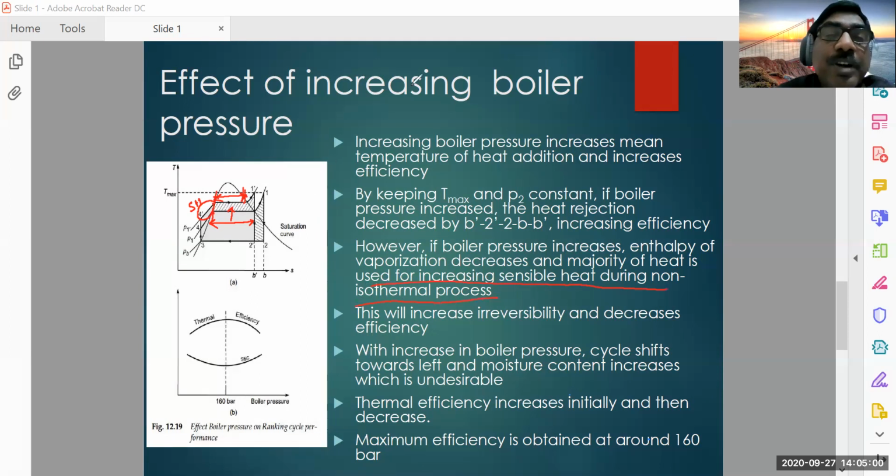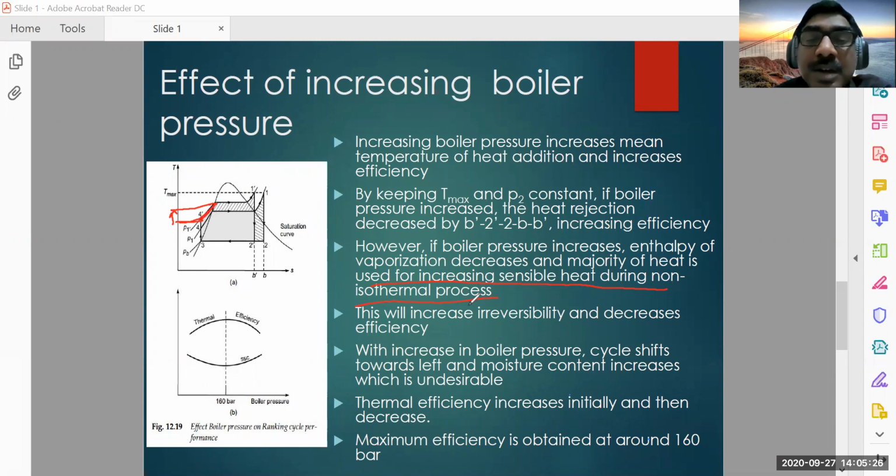This is very, very important. What is meant by this non-isothermal process? The heat is getting added through this. This is the initial point of heat addition and this is the final point of heat addition. So the temperature is constantly changing during heat addition.